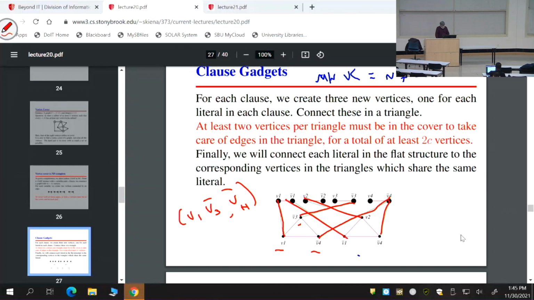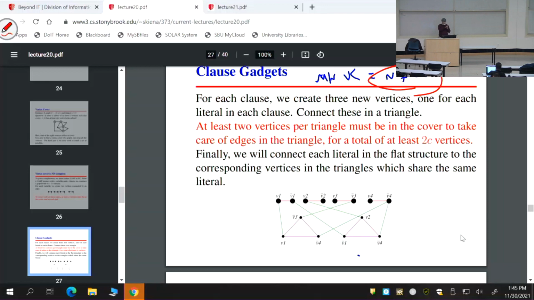My claim is going to be that after I have done this translation, this graph is going to have a vertex cover of exactly this size if and only if the original graph logic expression was satisfiable. Okay? You should see how I translated the logic thing into a graph.